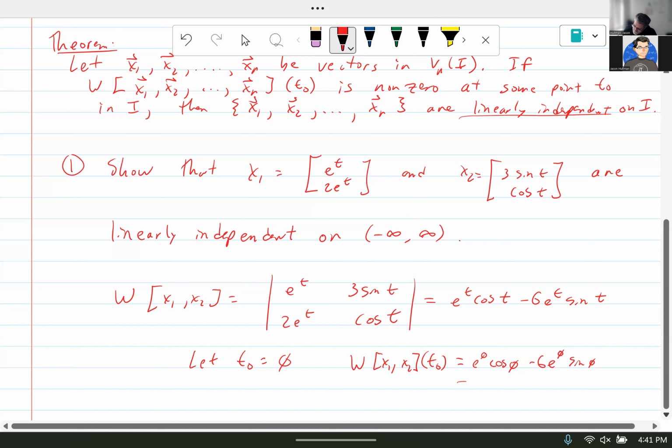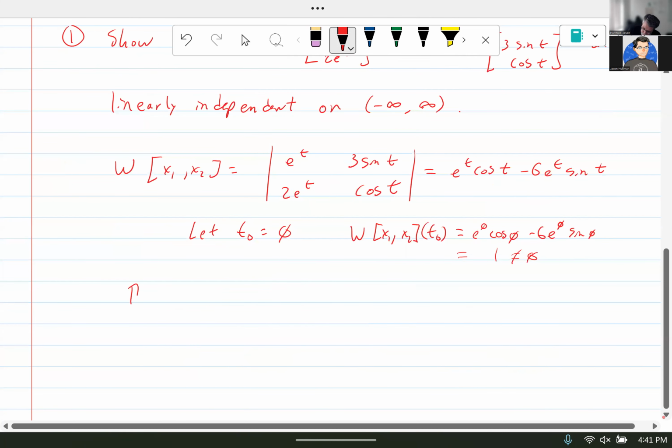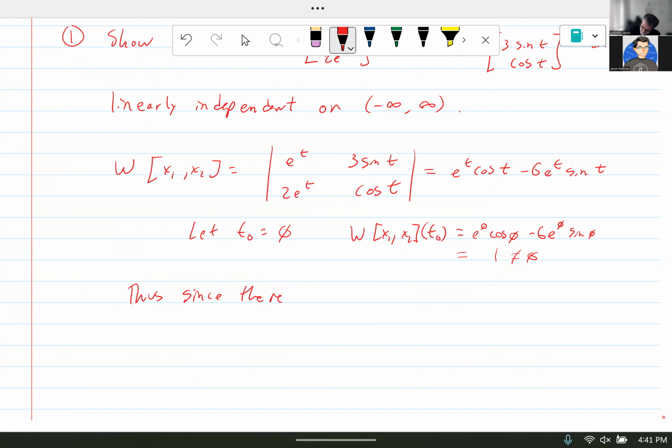And that's going to equal 1, which is not equal to 0. It didn't have to be 0. We could have chosen something else that makes it non-zero as well. We just chose 0 to make the computation easy.